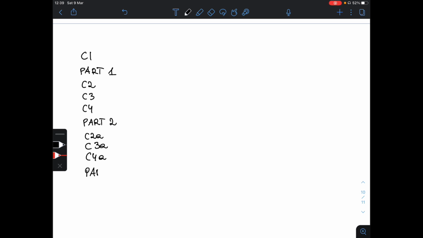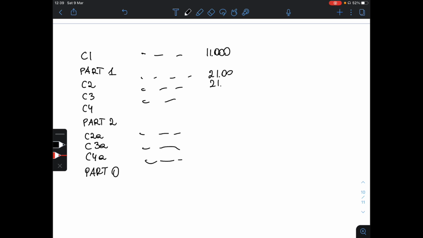And then we finish the line with part 0. We have some coordinates, and then we have these 21, 21, 21. Here we have minus 21, minus 21, and minus 21.